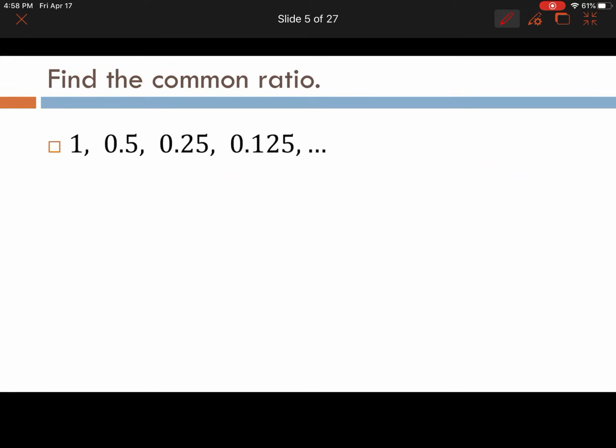Okay, so let's find the common ratio. So in each case, we would take any term. So say we start with 0.5, we divide by 1. So that answer would be 0.5. Now, what we hope is that we get the same thing again, right?